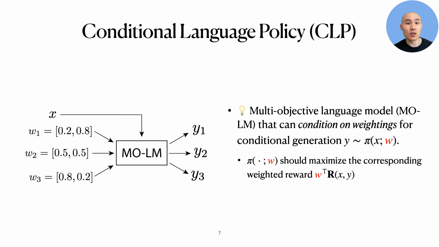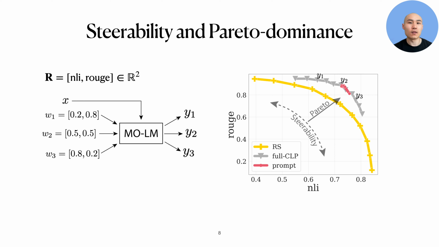In particular, the model conditioned on W should be Pareto optimal for the corresponding weighted reward, which is W inner product with the reward vector. Thus, CLP is steerable, since it can condition on the reward function at inference time.